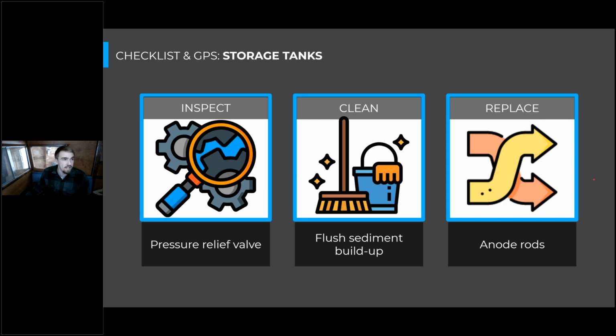So in maintaining storage tanks, we're going to look at the same types of things. So we're going to look at what we need to inspect, which is the pressure relief valve. We're going to look at cleaning the sediment buildup from the tanks and replacing anode rods.